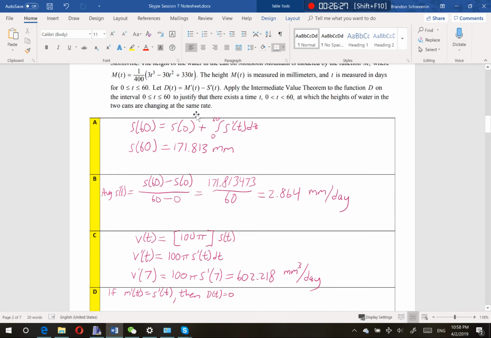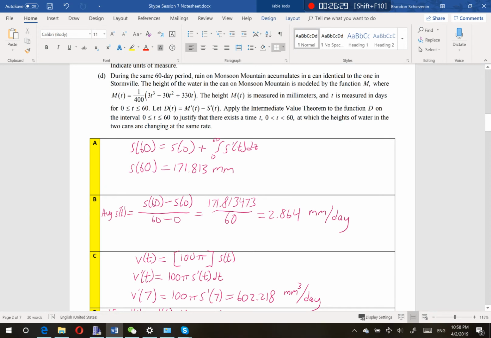Okay, so what is the intermediate value theorem? If a function is differentiable, then between two points, there's a point that has the same slope as the secant line. Okay, so that's actually the mean value theorem. The intermediate value theorem says as long as our function is continuous, we don't have to be differentiable, we will pass through all of the y values between a and b.